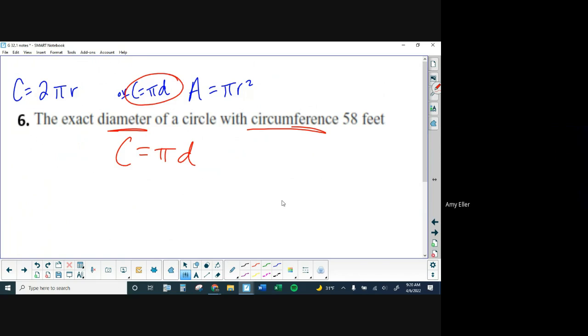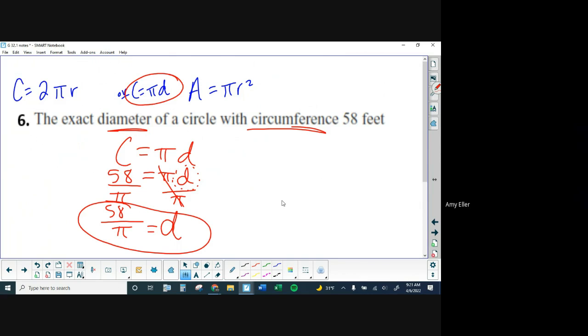I'm filling in, since they told me circumference, I fill that in. If I want the diameter, and it's being multiplied by pi, I divide by pi. Does this problem say exact? Yes, it does. So I am actually not going to type pi. I'm just going to rewrite it. And I'm going to type everything else. Well, there isn't really anything else to type in. There's just a 58. So unfortunately, or maybe fortunately, that's it. I can't really do anything else. That's the diameter, 58 over pi.